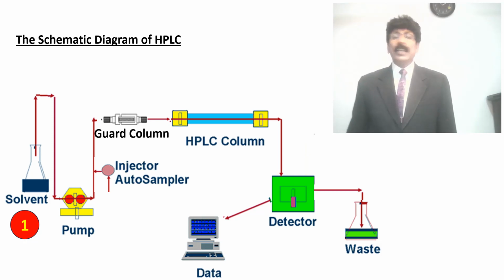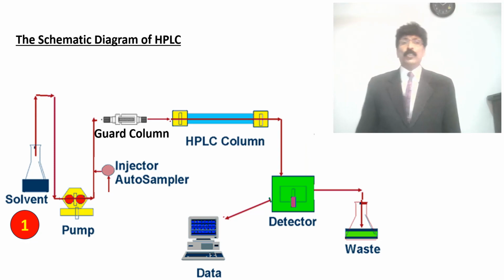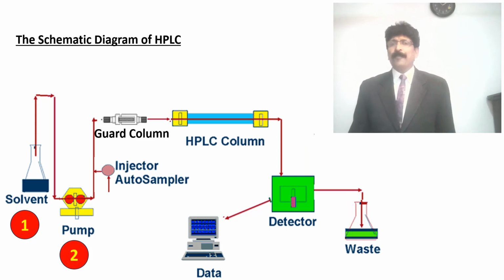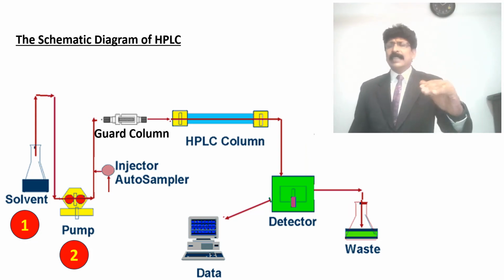And you see number 1, again repeatedly I want the student to remember: the solvent, gradient or isocratic, which is mixed, then the pump, and even the degassing and pump, all this comes in the second part.